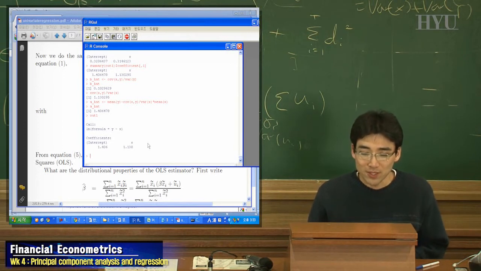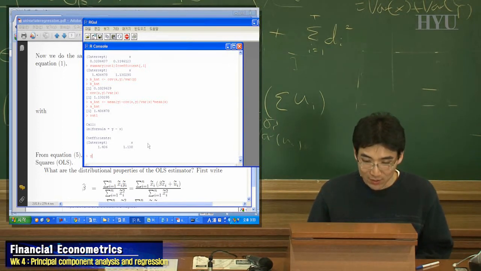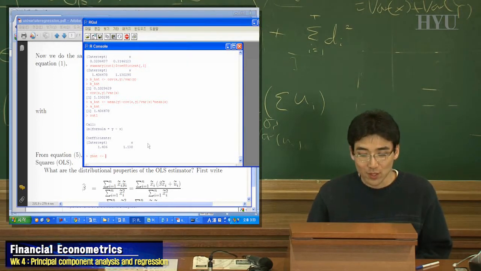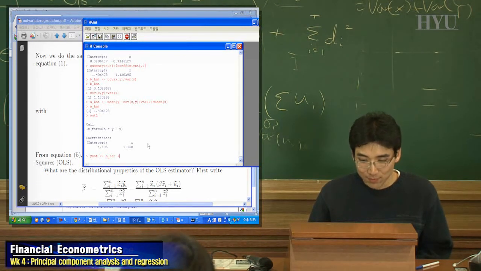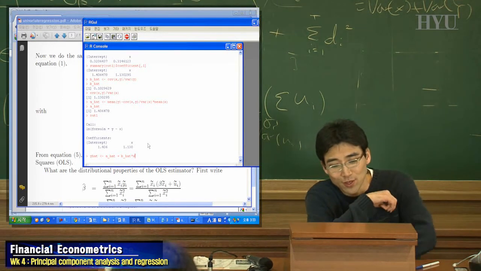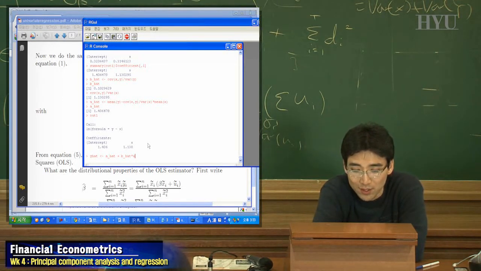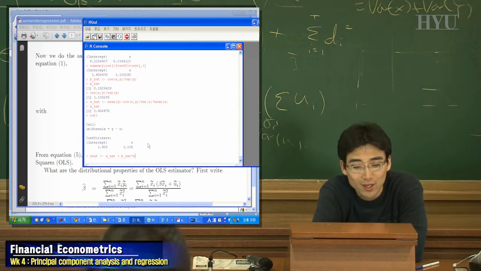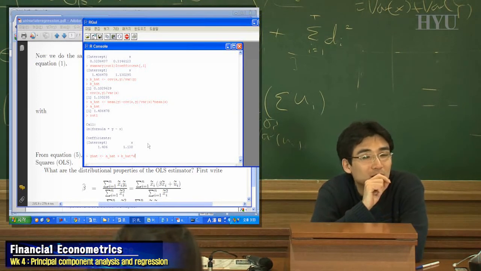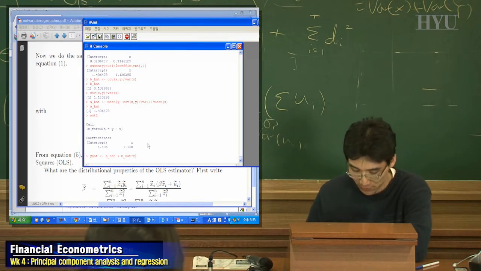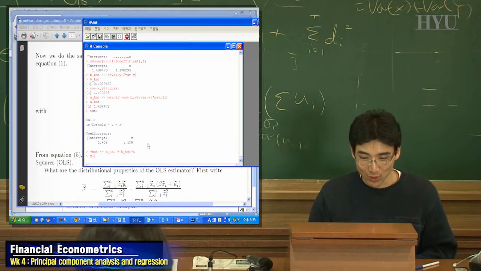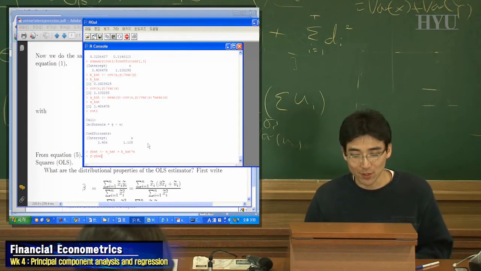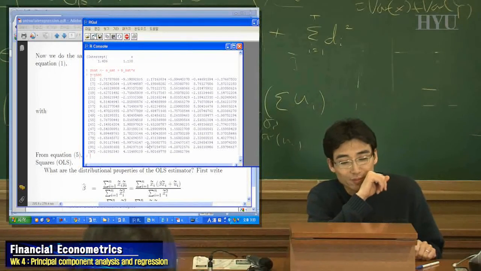So we have a hat and b hat. What we can do is define y hat as a hat plus b hat multiplied by x. So x is our data and a hat, b hat is our estimate. So y hat is actually our estimated y, right? And y minus y hat is the error term, right?